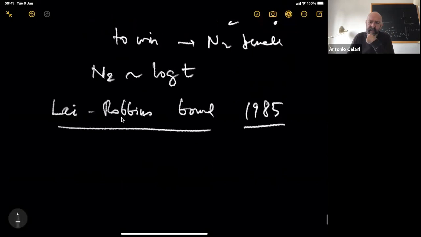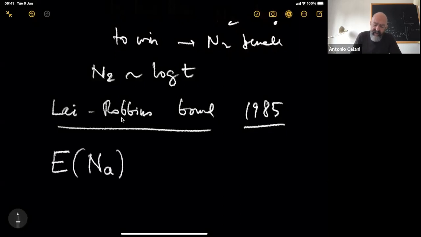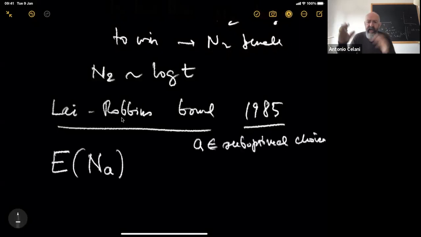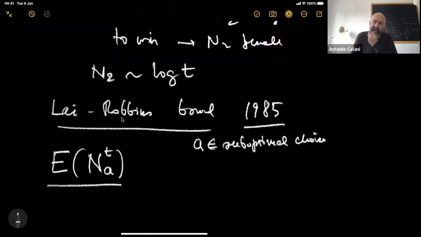The Lai-Robbins bound tells the following: the expected number of times that you play an arm A, if A belongs to the suboptimal choices, okay? So you have a K-arm bandit and you pick an arm A which is suboptimal. This is the number of times that you played that arm up to time t, and this is the expectation.